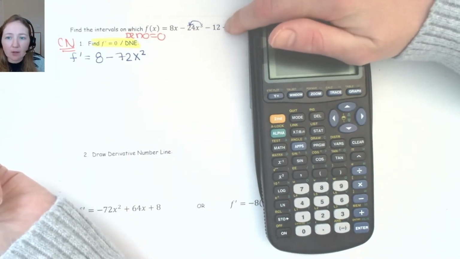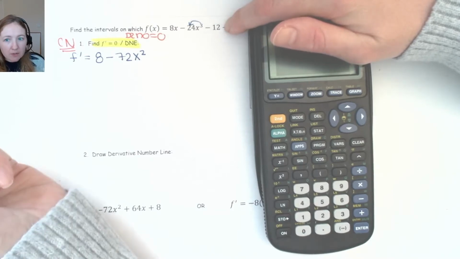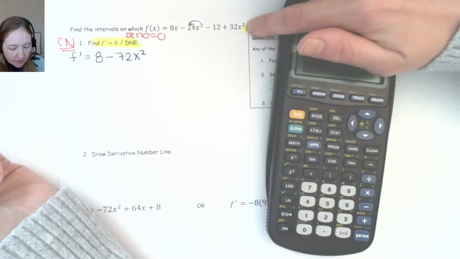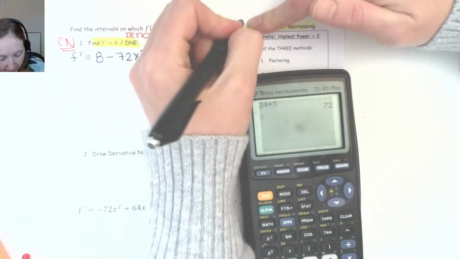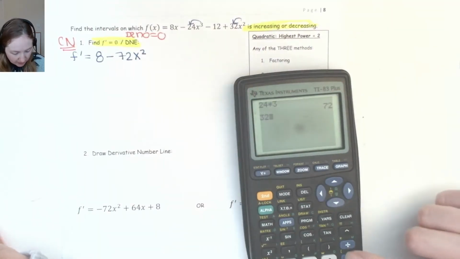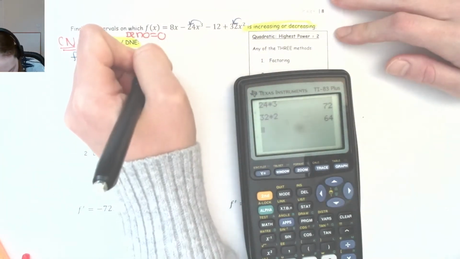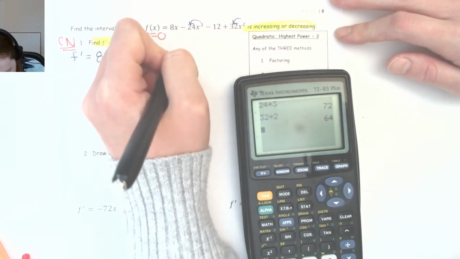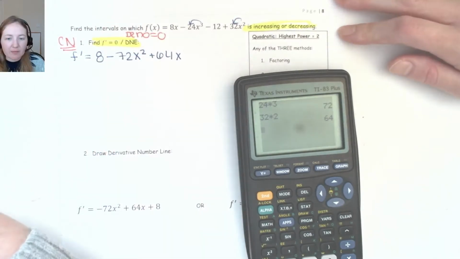The negative 12 is a standalone constant, so that goes to 0. And then the 32x squared will multiply 32 times 2 to get a plus 64x. And again, subtract 1 from the exponent.